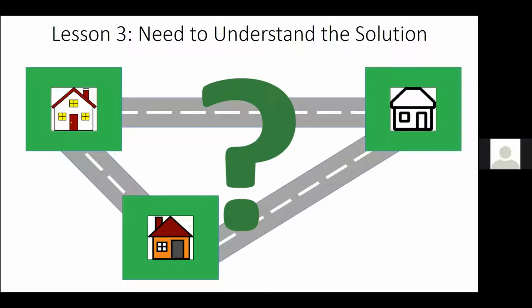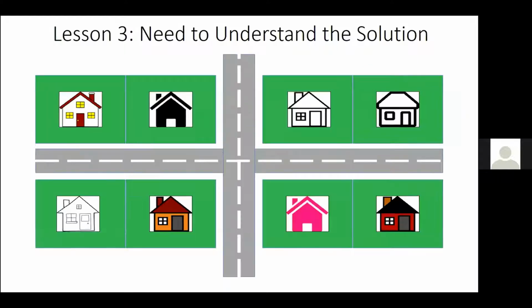If the neighbor has to visit their neighbors, should they construct a road for every neighbor that they want to visit? The answer is no, that is not efficient. In thinking through the solution, you can see that there's a better way of addressing that problem. If we have one road, it can be shared by everyone, as long as we're able to construct that road properly. In interoperability, it's good to understand that.